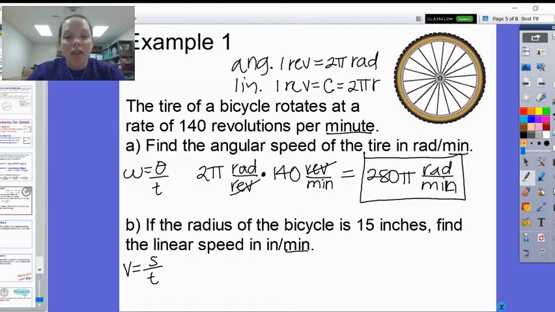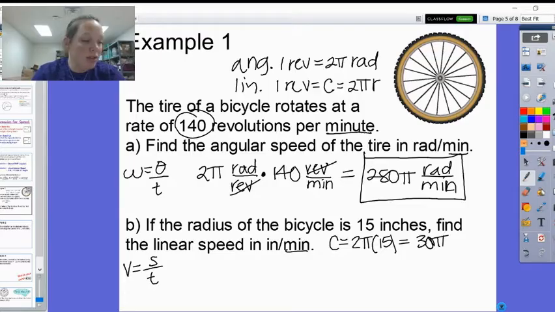In this case, the length of the arc, we're going to use the circumference, but since we're going around the circle 140 times per minute, that means in 1 minute, we have 140 circumferences that we're going around. So first, let's calculate the circumference. 2 pi r is 15 inches. So that's going to equal 30 pi inches.